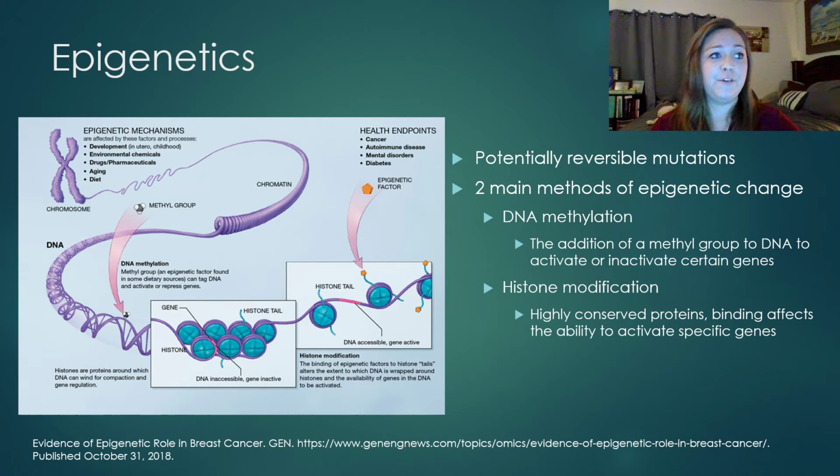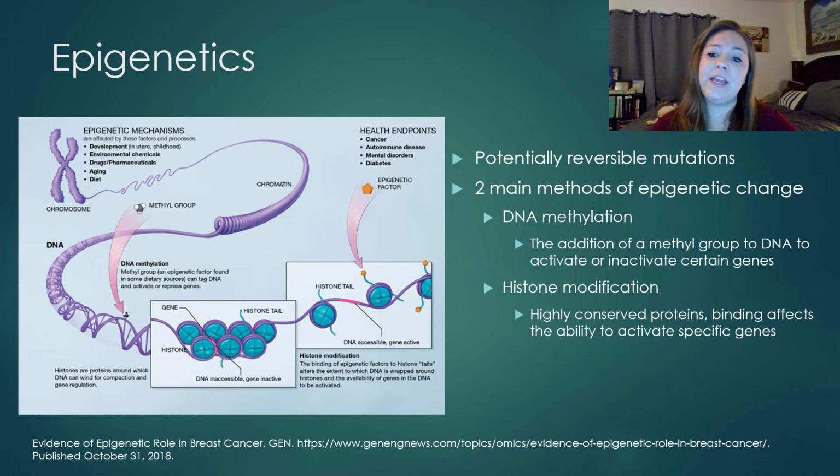The second of those main methods would be histone modification, and this involves the binding of epigenetic factors to the highly conserved histones, which can affect the ability of the activation of certain genes. So the disruption of epigenetic processes can lead to altered gene function and potentially malignant cellular transformation.